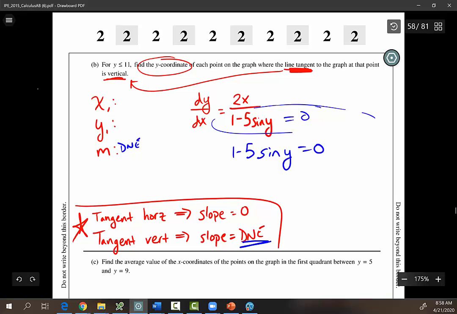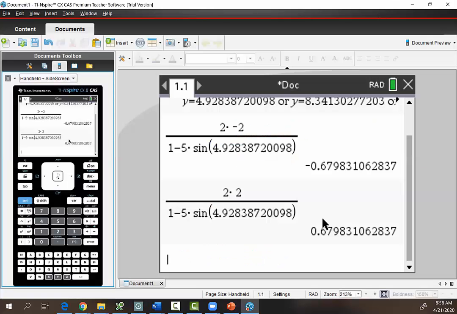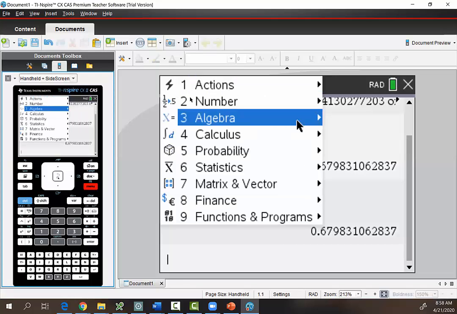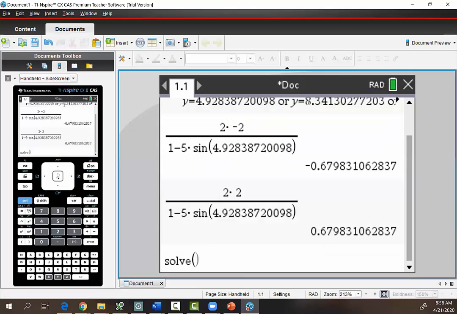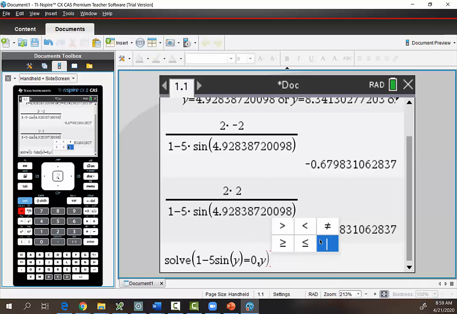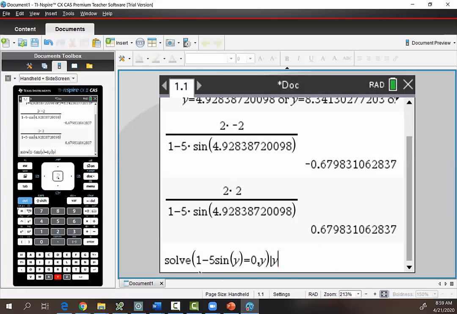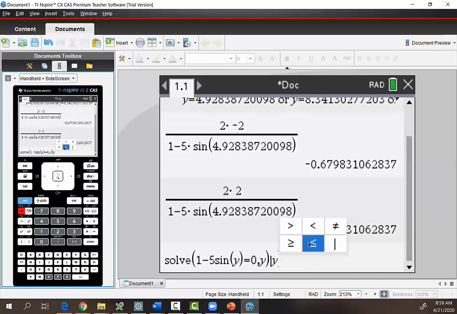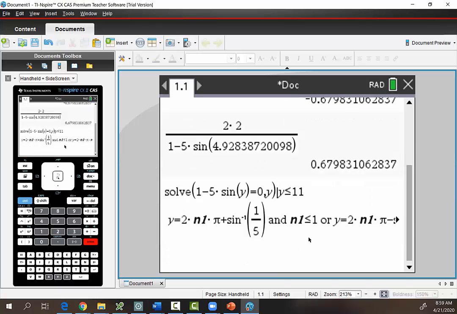And then what we'll do is on our calculator, we'll again hit menu, algebra, solve, 1 minus 5 sine of y equals 0, comma y. And then outside of it, we're going to do control at y less than or equal to 11. Okay, and we got something kind of nasty with these n1s.